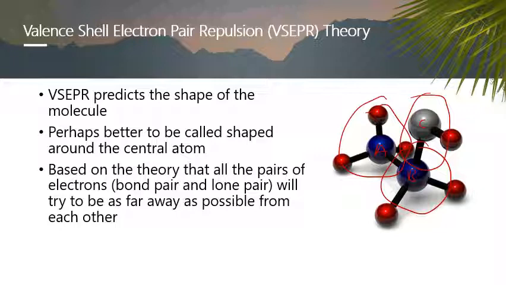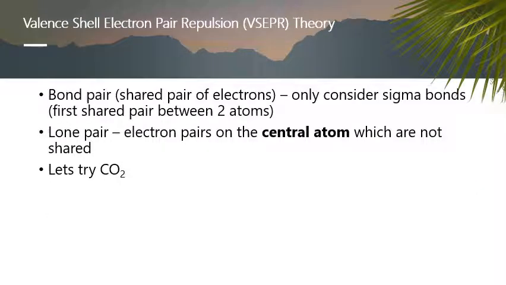This theory is based on the fact that all electron pairs, whether they're bond pairs or lone pairs, will try to be as far apart from each other as possible. Now, one of the things we need to remember is that the bond pair, as used in VSEPR, only considers the sigma bond.